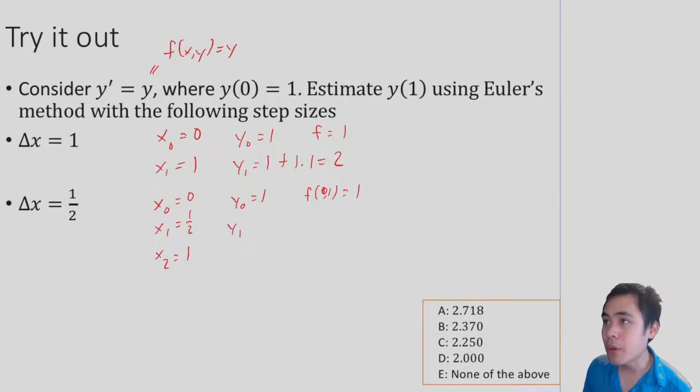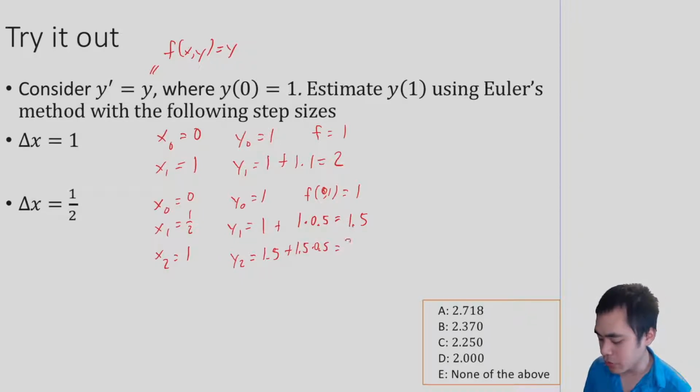So then y1 is going to be equal to 1 plus 1 times 0.5, so that's equal to 1.5. y2 is going to be equal to 1.5 plus 1.5 times 0.5, which is equal to 2.25. So the answer here is actually C. Did everyone understand that?